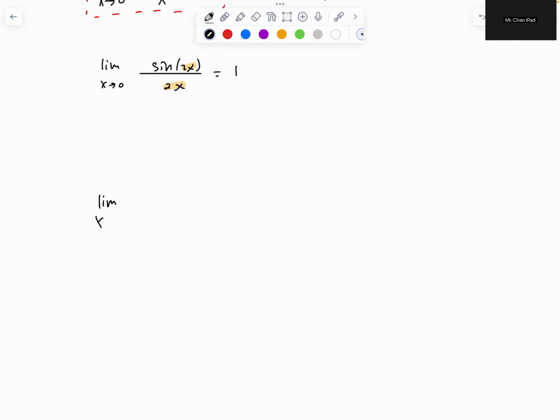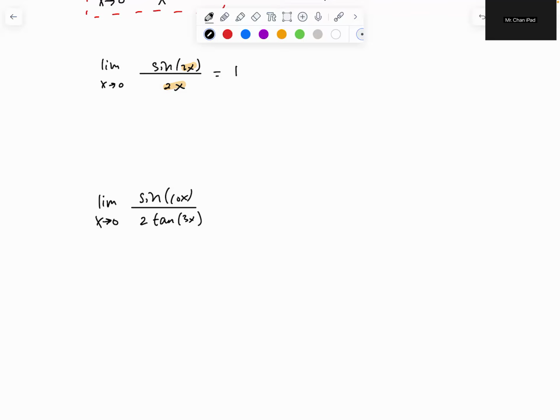Limit as x approaches 0 of sine of 10x over 2 tangent of 3x. If you ever see something like this, there's only one response. We had not done anything with tangent. That means tangent's got to be changed.